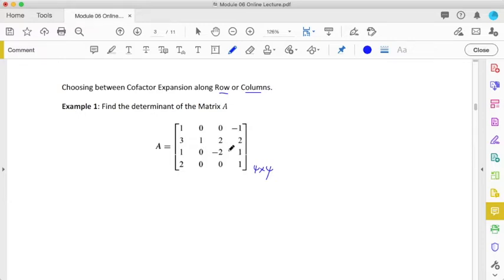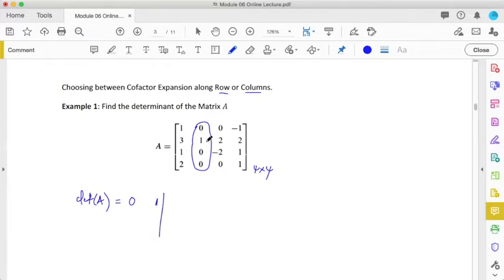For example, we can use cofactor expansion along the second column, which consists of a lot of zeros. So we take determinant A. If you got 0, everything will become zero. Next you got 1.